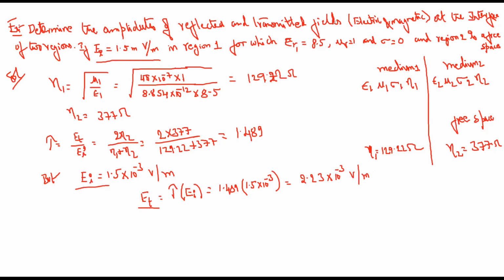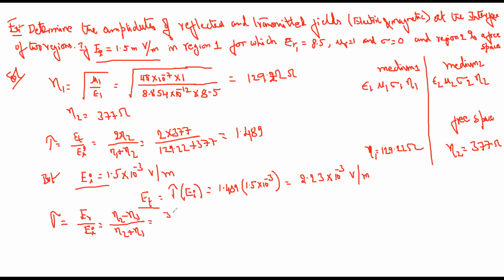They are saying to find both the electric and the magnetic field at the interface of the two regions, if EI is given in region 1. Similarly, to find the reflection coefficient, ER by EI is equal to the formula eta 2 minus eta 1 by eta 2 plus eta 1.